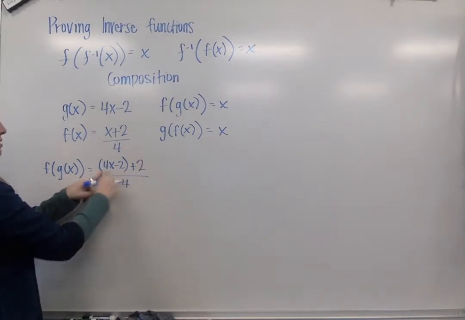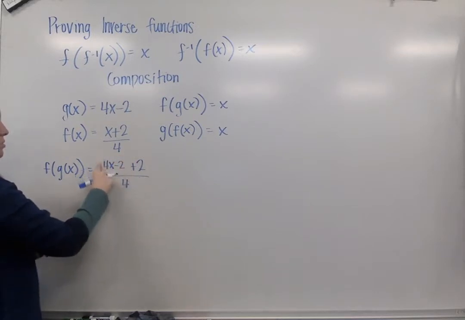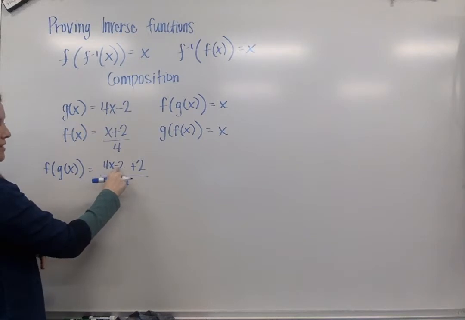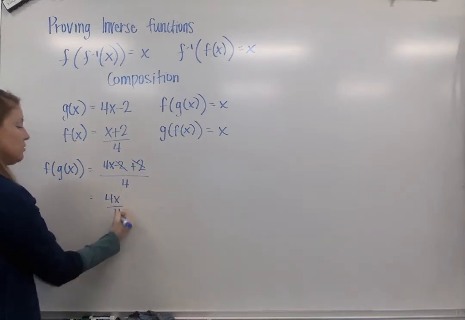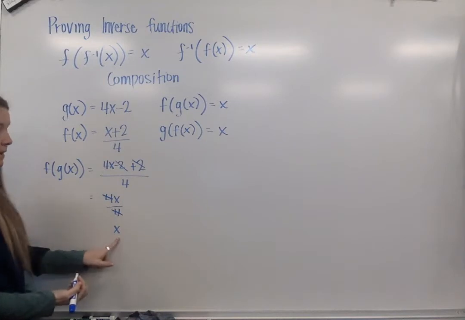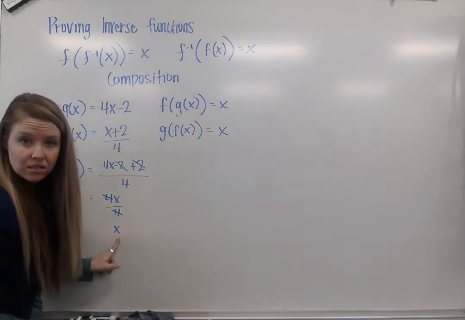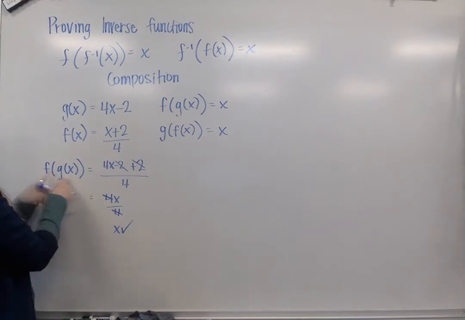These parentheses, I don't need to multiply, no power, so they really don't need to be there. So now I have a negative 2 plus 2. Those cancel, and I get 4x over 4. 4 divided by 4 is 1, and that leaves me with x. Great start, great sign. So f of g of x gave me x.